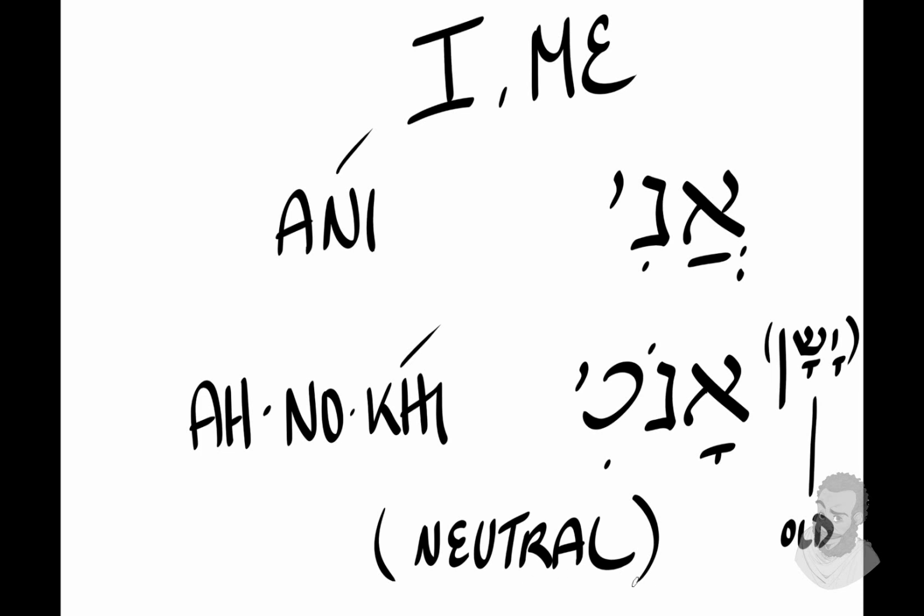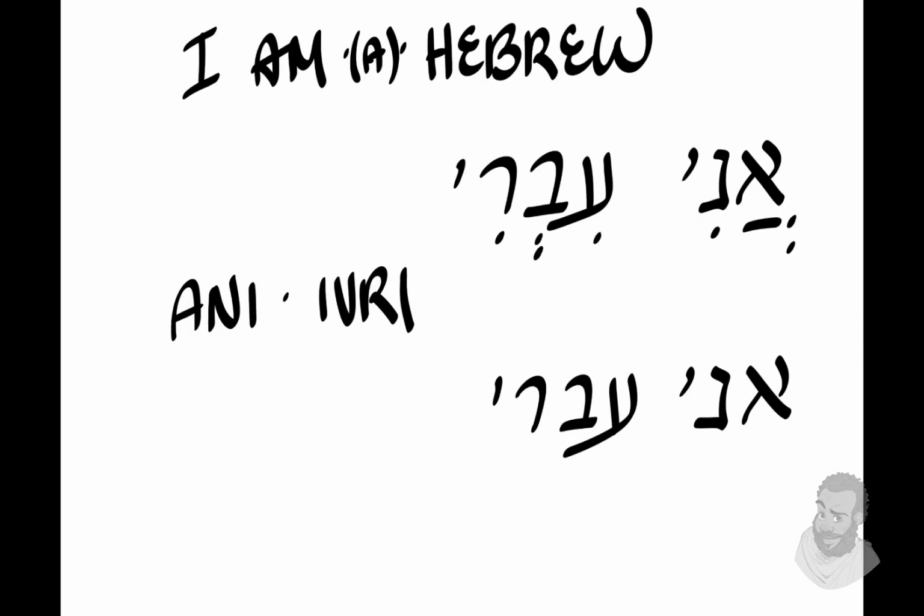It'll be just male and female. So what I erased would be the equivalent of saying neutral. But for clarity's sake, right now let's just put neutral. Ani Ivri, without the nikudot.